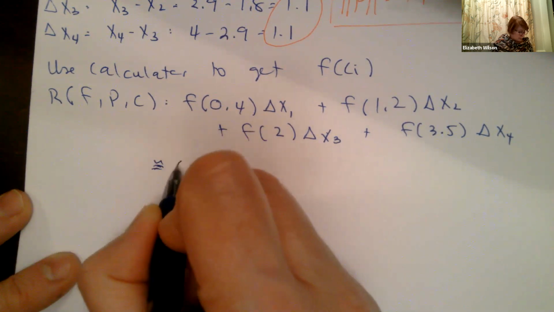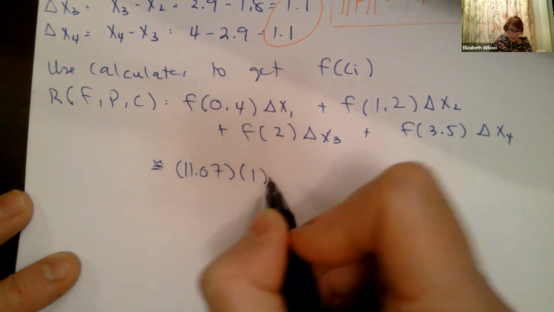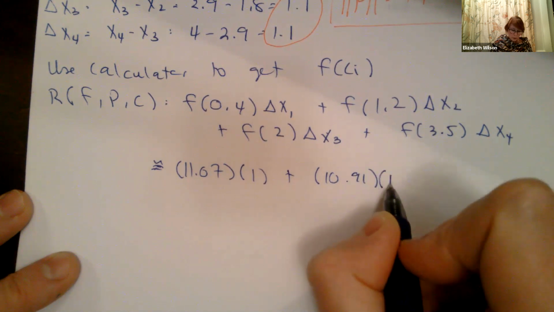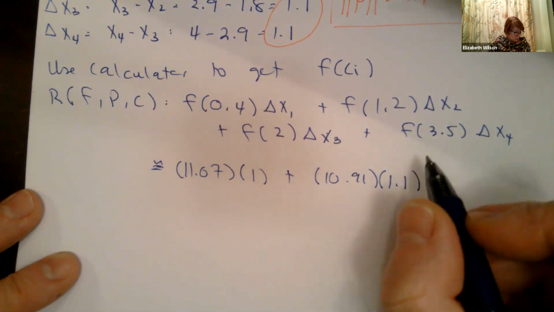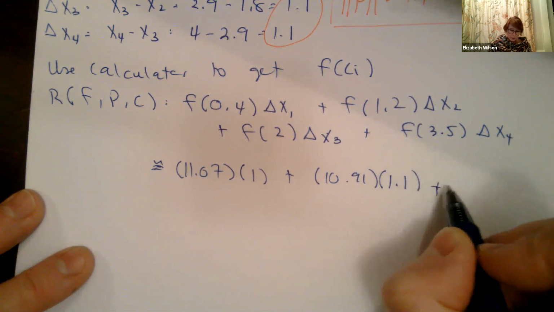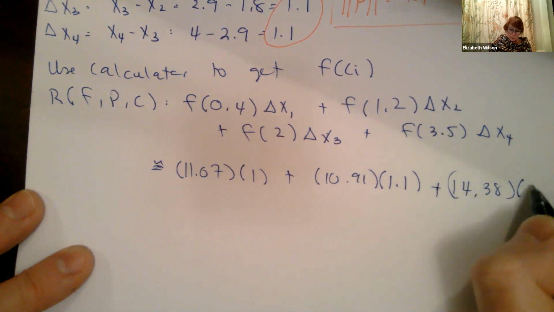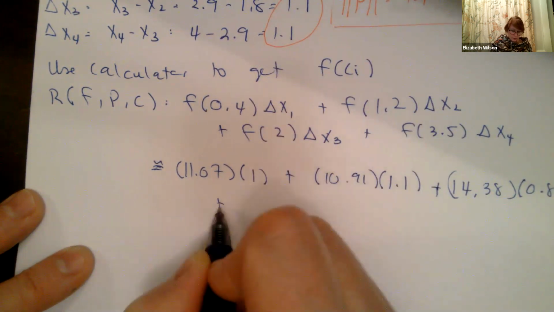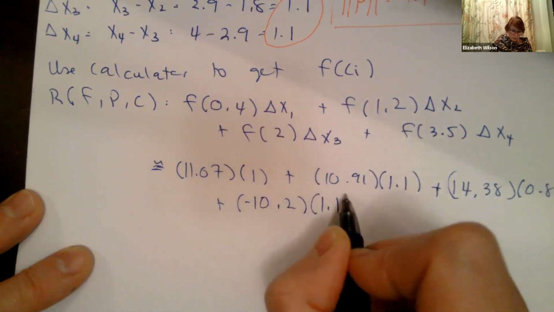This was 11.07 times 1, that's my delta x, plus 10.91 times 1.1, plus, oops, sorry, I forgot the other one, 14.38 times 0.8, that was this one right here, I forgot that, plus minus 10.2 times 1.1.